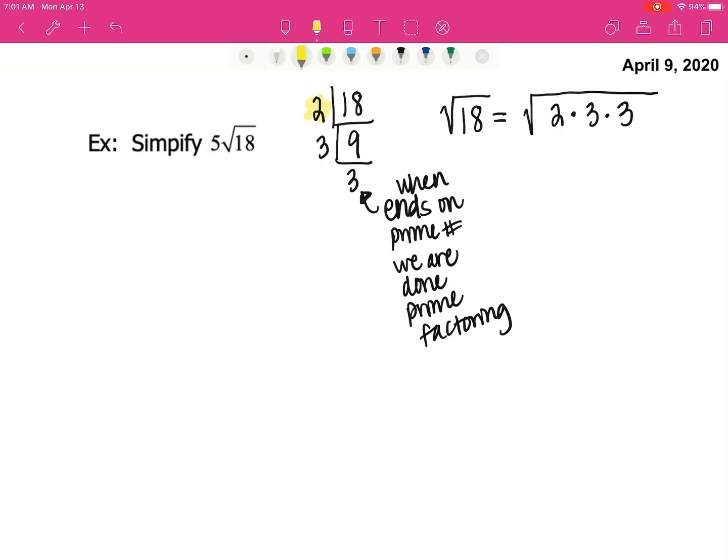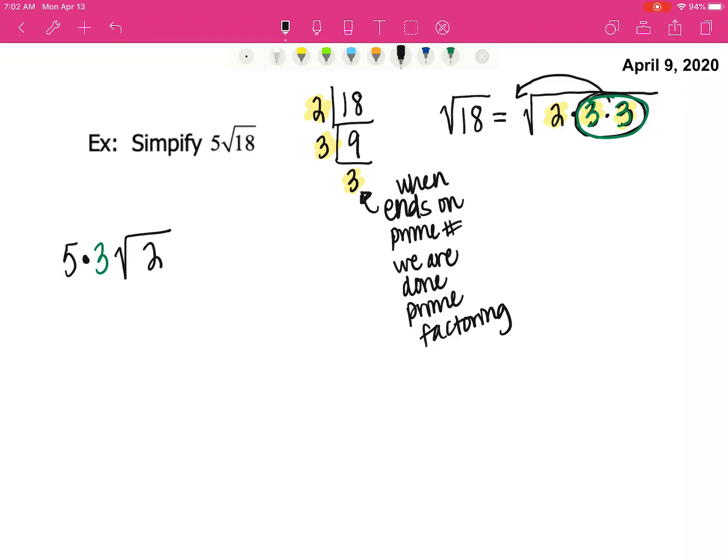So 2 times 3 times 3 is another way to write 18. And now I have a pair of 3's, which is the square root of 9. The square root of 9 is 3. Well, I had a 5 out there. So I've got 5 times 3, because the square root of 9 is 3.